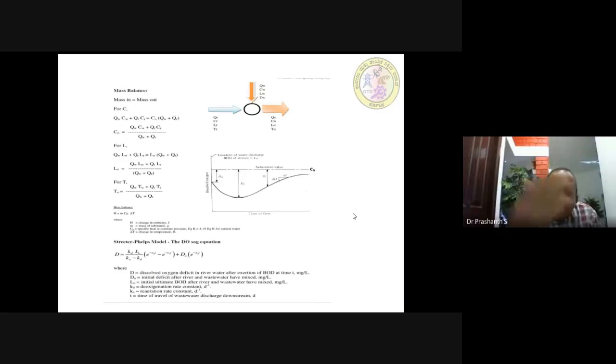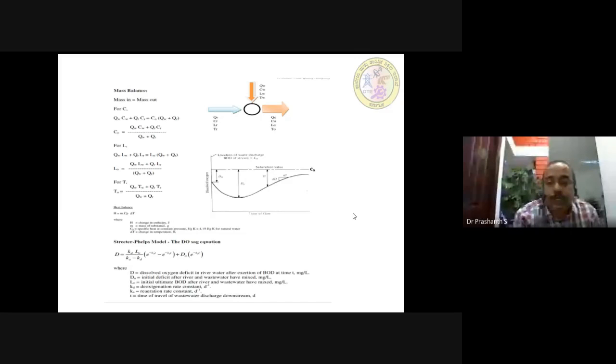In the same way, see the BOD of the stream, the BOD of the wastewater, they are going to mix up to give a new BOD load. That is nothing but L naught. So L naught is again mass balance. We have found the value of L naught is QW LW plus QR LR by QW plus QR. At the same time, the temperature of the wastewater is different, temperature of the river is different.